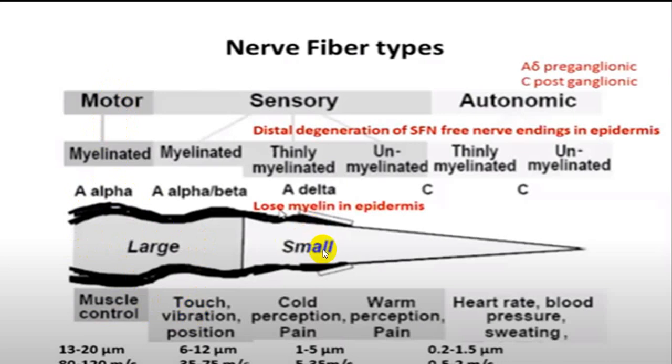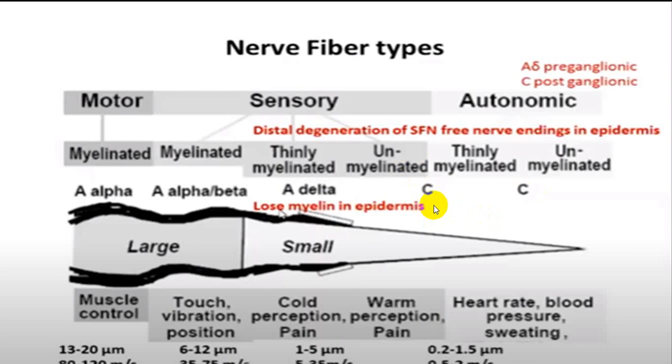While small fibers are thinly myelinated fibers belonging to the sensory system, for pain and temperature. Pain fibers and temperature fibers are a good number of times unmyelinated, and autonomic fibers are usually unmyelinated, and they are called C fibers.